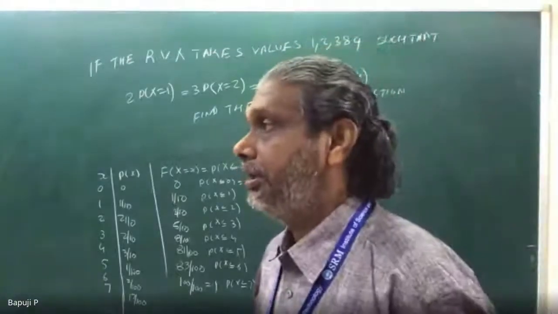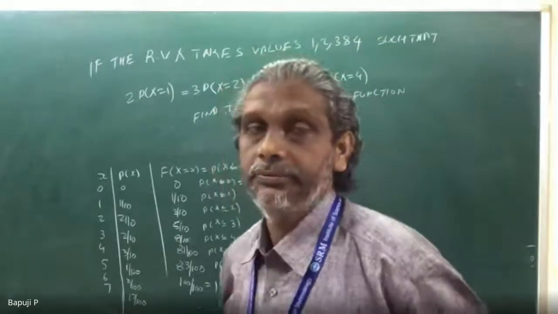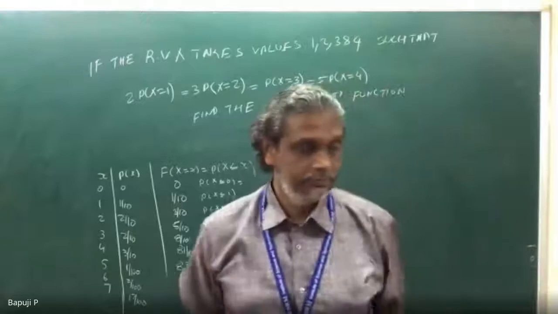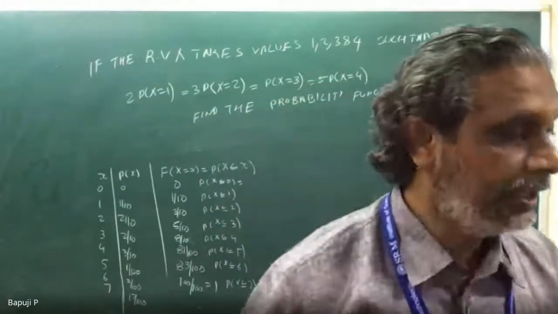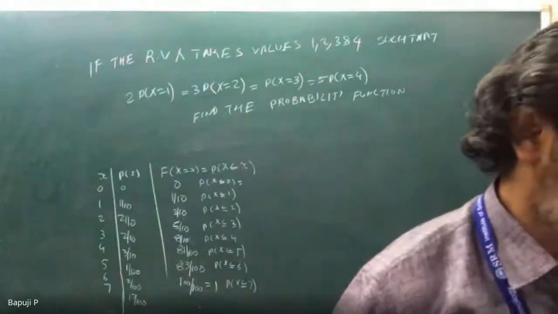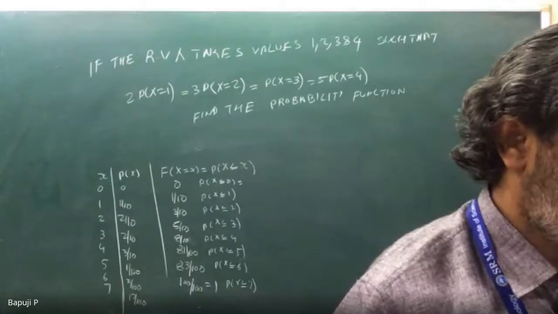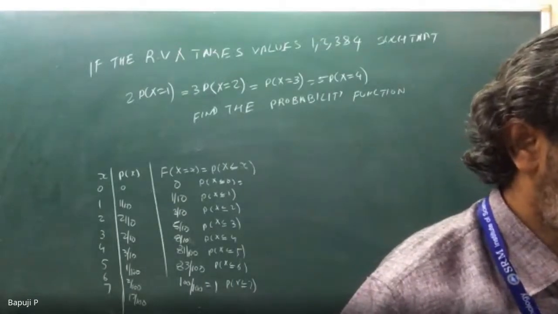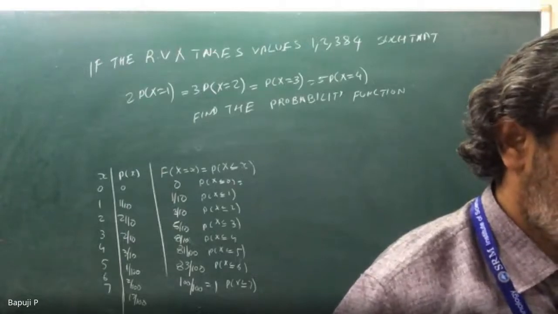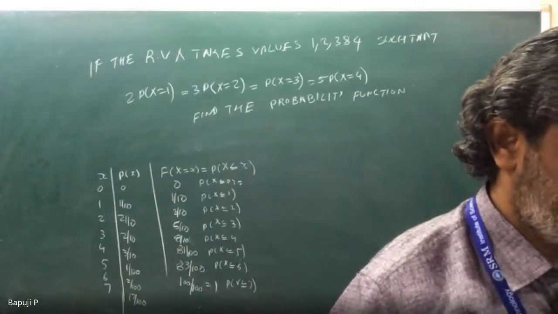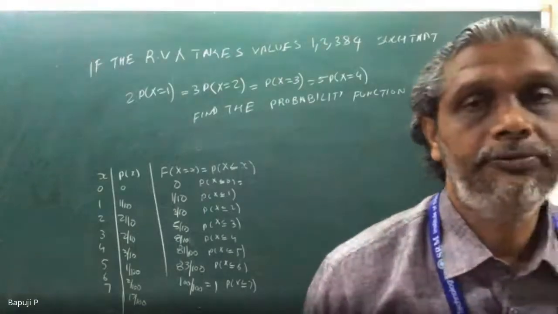The total is only 1, and if each is 1, then adding 4 you will get 4. You are confusing somewhat. You are on track but you are confusing. First of all you should find the probability. How will you find the probability?